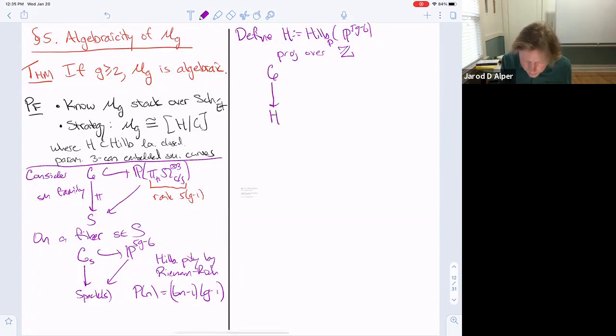So over H, there's a universal curve C, which embeds into here. This is the universal family.